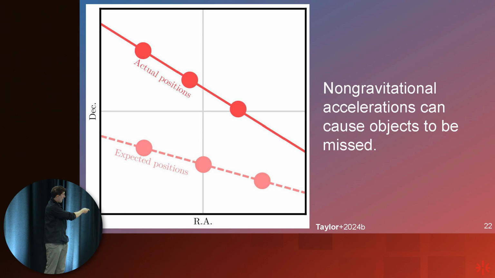If you see an object here, and then it's actually in a different location, you're going to say, probably a new object, not necessarily the same one. And so what this means is that objects moving on non-gravitational trajectories are more likely to be missed by surveys. The larger the non-gravitational acceleration, the harder it is to find that object.